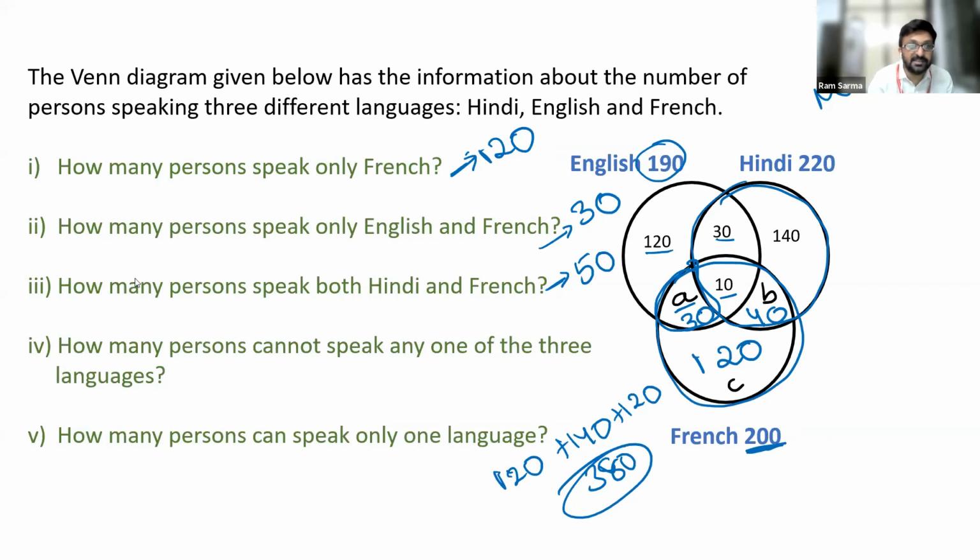So in order to highlight this, let me pick another color. Now, how many persons speak both Hindi and French? So this is the common area for these two sets. Do you agree? Ali, am I clear?